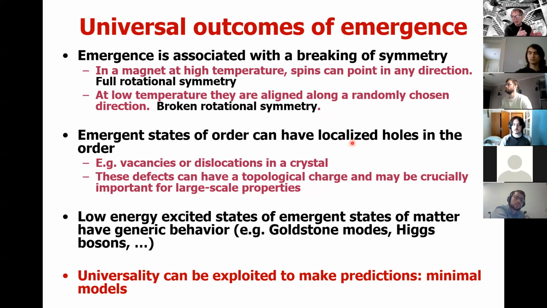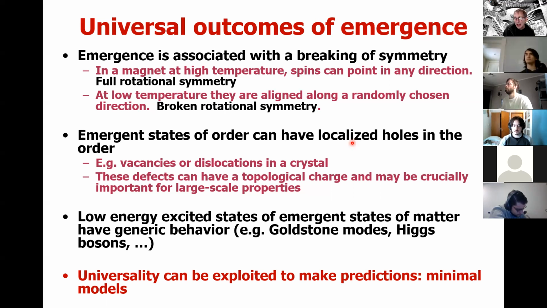So for example, you may have a crystal. A crystal may well be a system where all the atoms are in some periodic array, and so there's an order which is just exemplified by the Bragg scattering or the X-ray diffraction, telling you that the atoms sit at lattice spacings. But of course, you can have vacancies. You can have a missing atom. And so that would be a hole in the crystalline order.